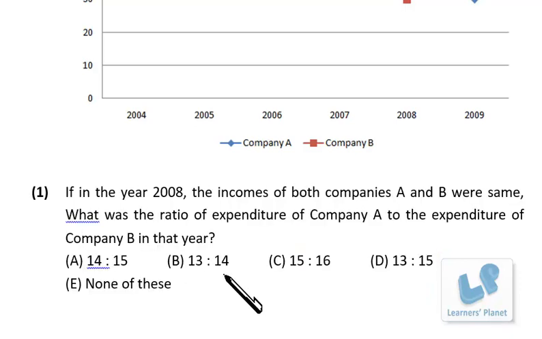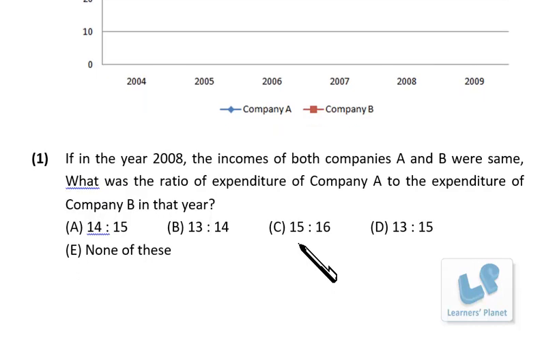Similar question we have already done. If in the year 2008 the incomes of both companies A and B were the same, what was the ratio of expenditure of company A to expenditure of company B? So 2008 we are talking about. So income is the same, so E1 by income upon E2.